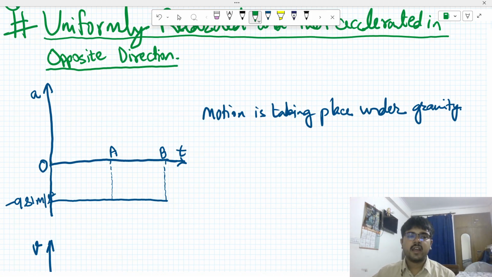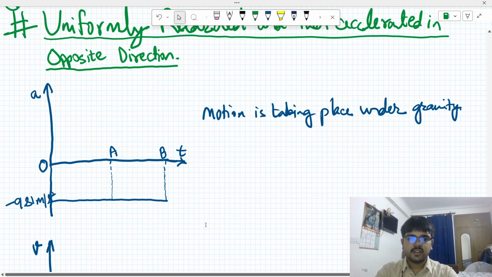That is why I have drawn the acceleration-time graph here with an acceleration of minus 9.81 meter per second square. So the motion is taking place under gravity here.